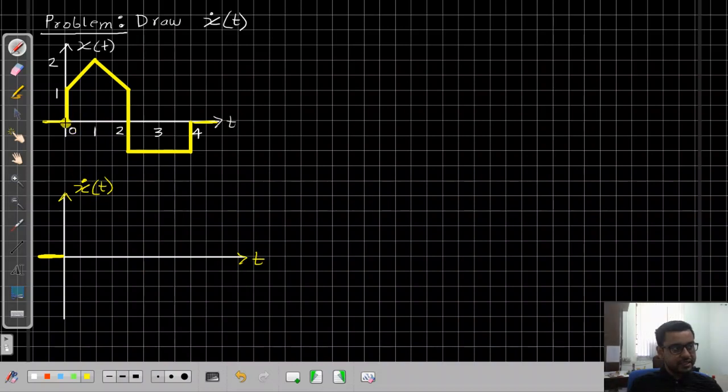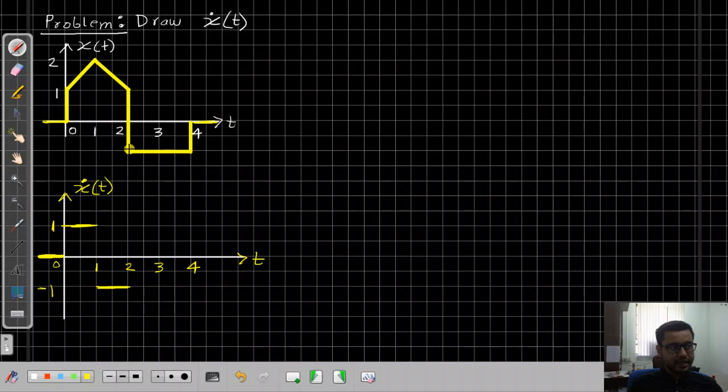Now within the region from 0 to 1, the signal increases at a slope of 1, so the derivative here will be constant and equal to 1. Then from time 1 to time 2, the signal decreases with a slope of -1, so in this region the derivative will be -1.